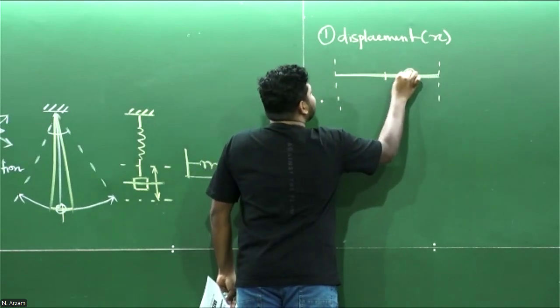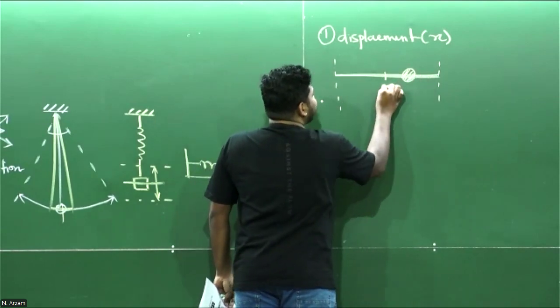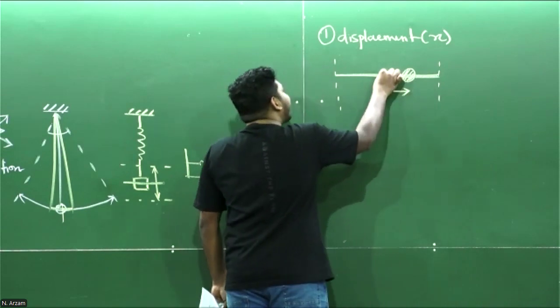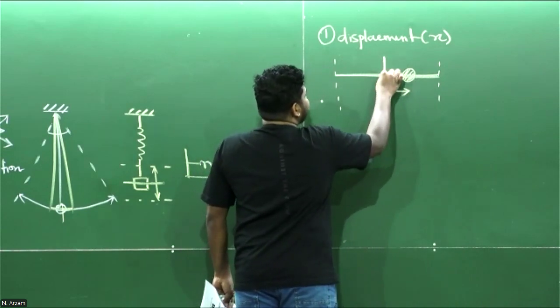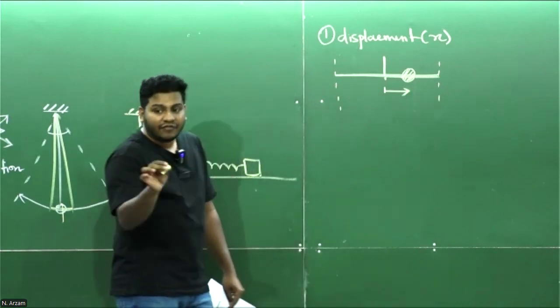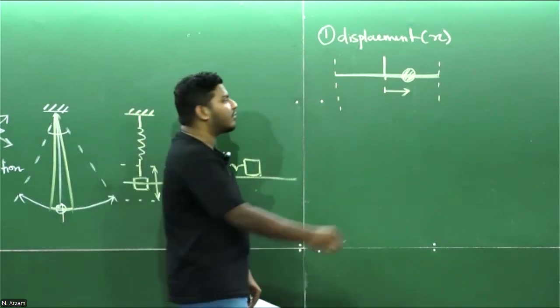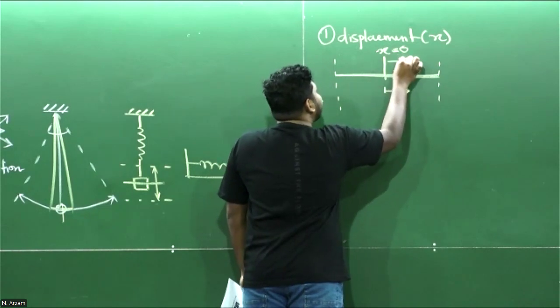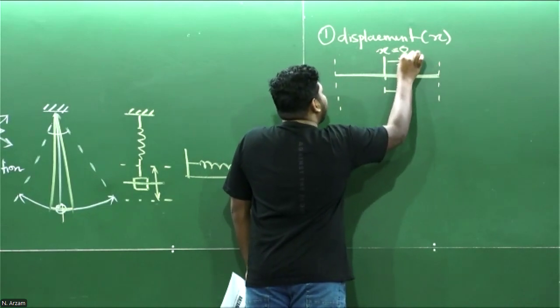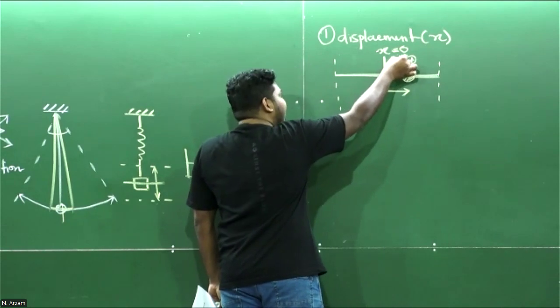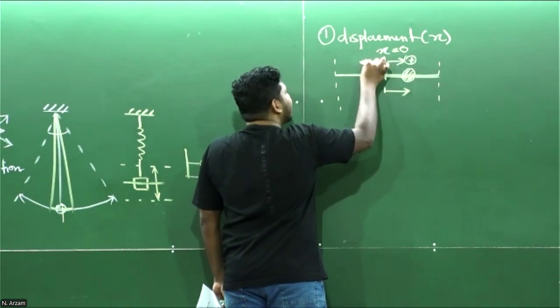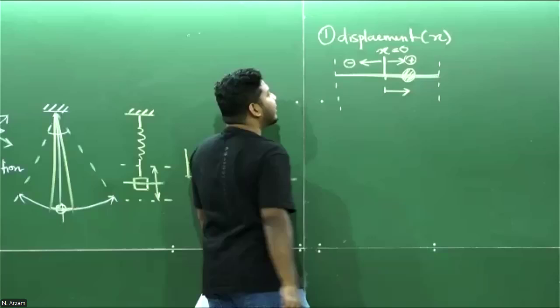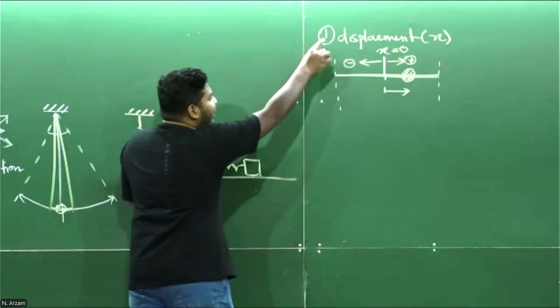If the particle is here, the displacement is measured from the fixed point. What is the displacement at the fixed point? It is 0. x equals 0, we studied. If we take this side as positive, then the opposite direction should be negative. These are the main things we studied in displacement.